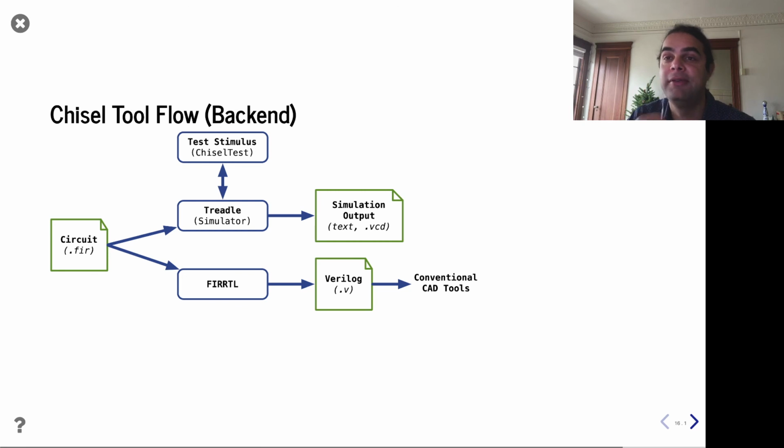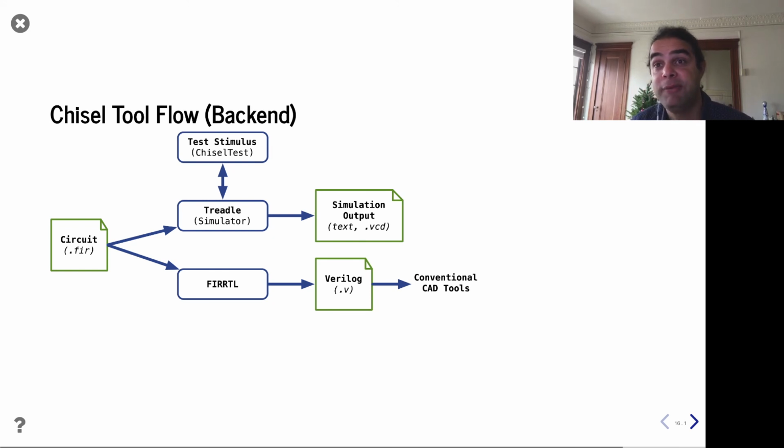So you need some sort of way of making it happen. And if you're using Treadle or anything like it, you can use what we call Chisel Test, which is a nice library to write programs in Scala that can act as unit tests on your hardware designs. And those will be automatically interacting with your hardware design over time in a simulation.